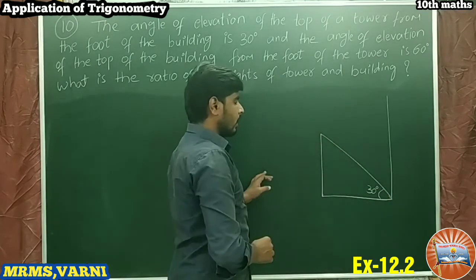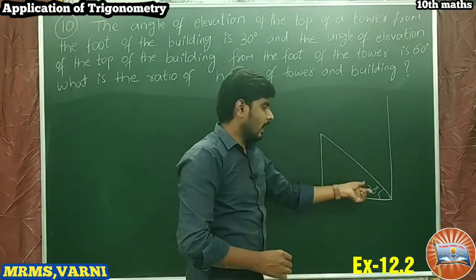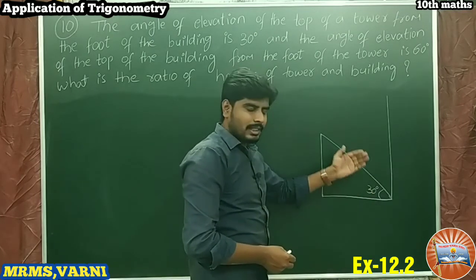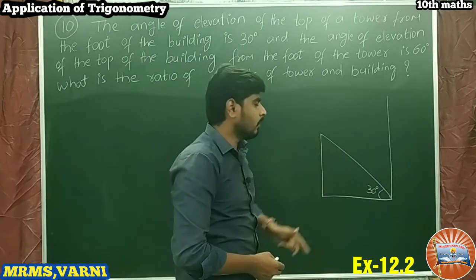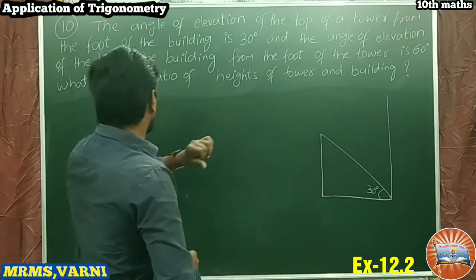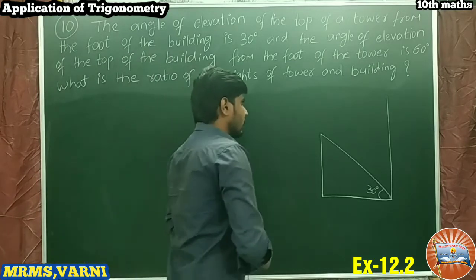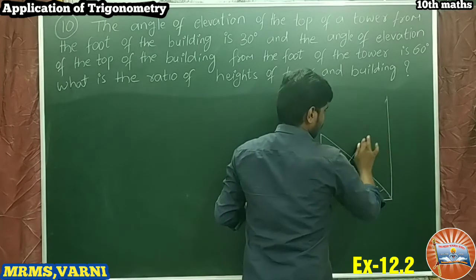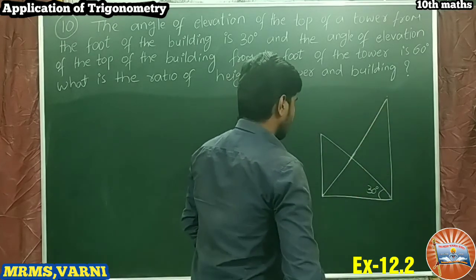So how are we concluding? Here the tower is smaller than the building by the angle of elevation. If the angle is less, the height is also less. We know all this, right? The angle of elevation of the top of the building from the foot of the tower is given 60 degrees. That is this one. Is it clear? This is the diagram.